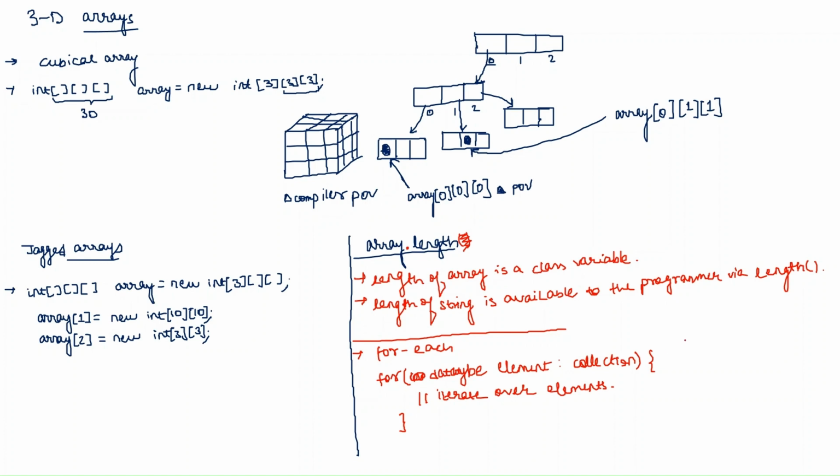Okay, so let's say for example, I have an int array and I want to iterate over all the elements of this one dimensional int array. So I would write for int val colon array, and then I'll just print the value. What I am saying here is for each value present in this particular array, I want to print that value.